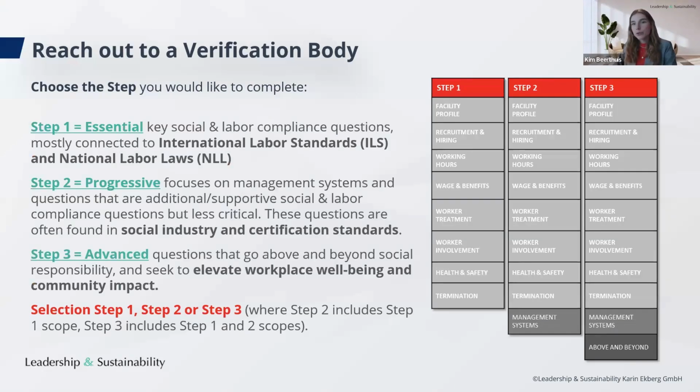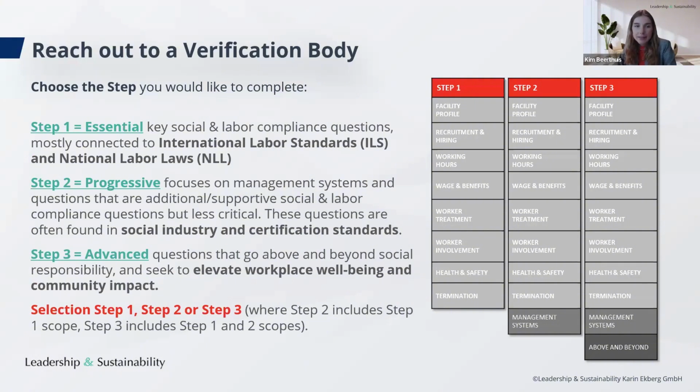So basically, you can choose between these 3 different steps. And when you select step 3, step 1 and 2 will also be included. The same if you select step 2, step 1 is also included. The first step is the essential step, and that includes the key social and labor compliance questions that are mostly connected to international labor standards and to national labor laws.